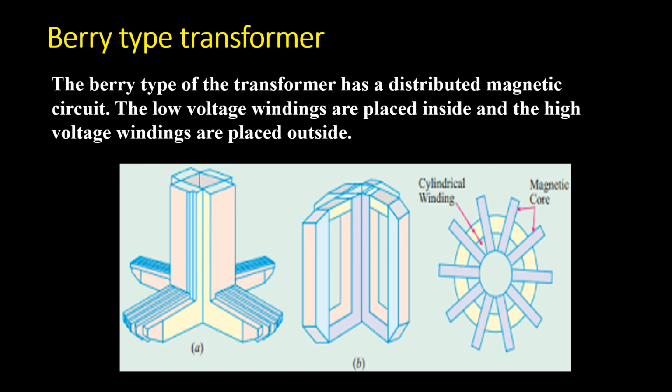Actually, in Berry type transformer, a distributed magnetic circuit is there. The low voltage windings are placed inside and the high voltage windings are placed outside. This type of transformer core consists of laminations arranged in groups which radiate out from the center portion, and that is why it is called Berry type transformer.